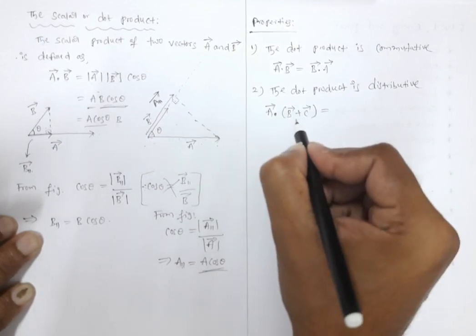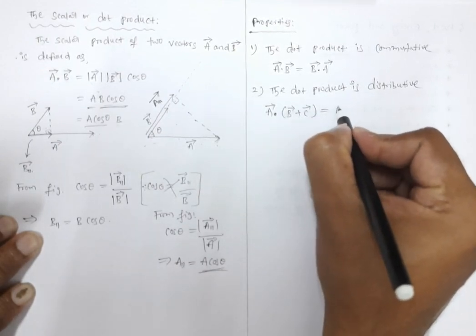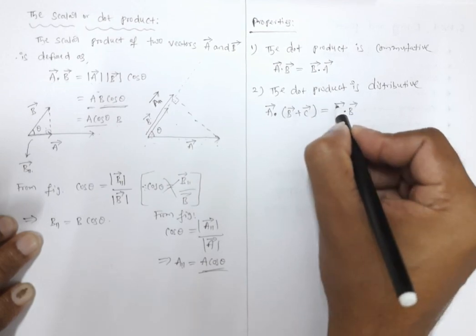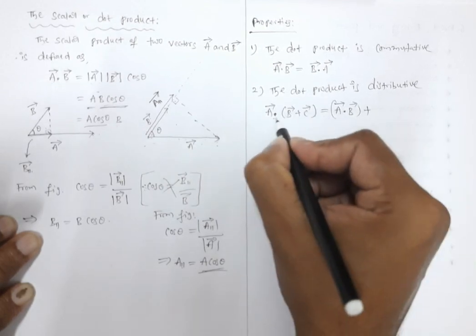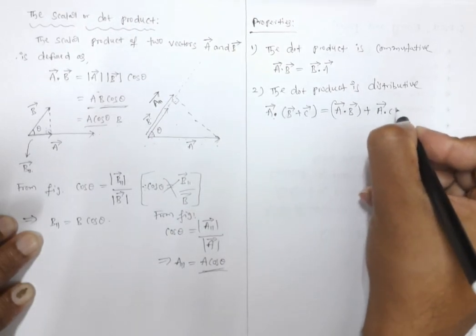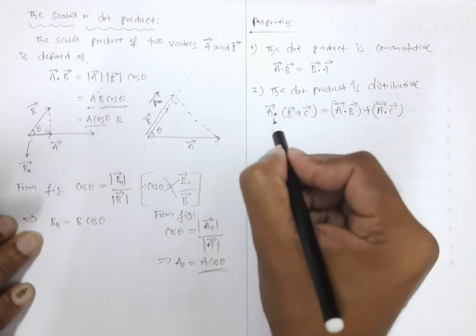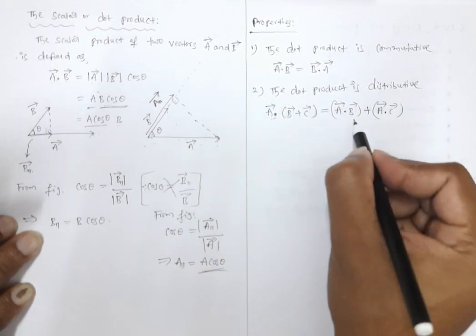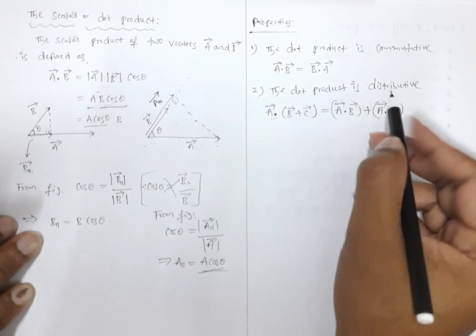So this is the dot product we have and we have addition here. In this case we can write A bar dot B bar plus A bar dot C bar. So this is also valid in the case of dot product. That's why the dot product is distributive.